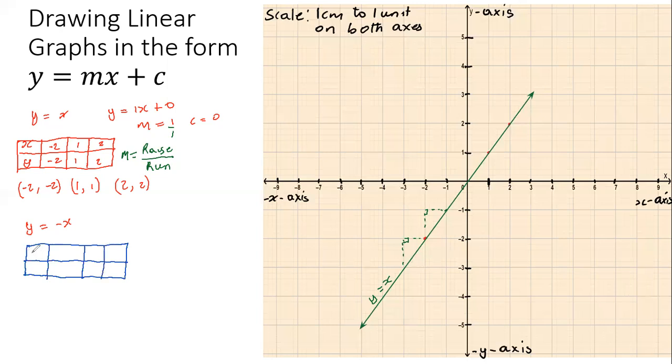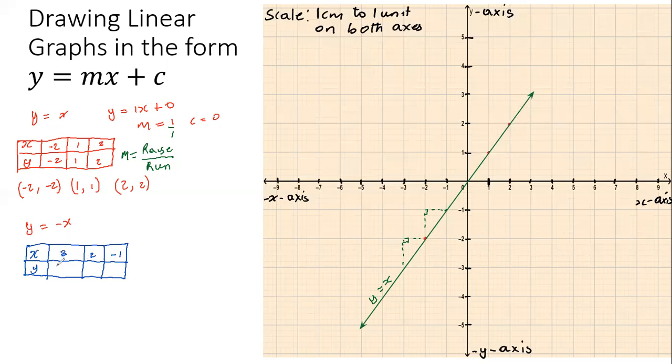All right, so this is x, this is y. Let's pick 3 points. Let's use 3, 2, -1. So those are the values, right? Now, we said that y is equal to -x.